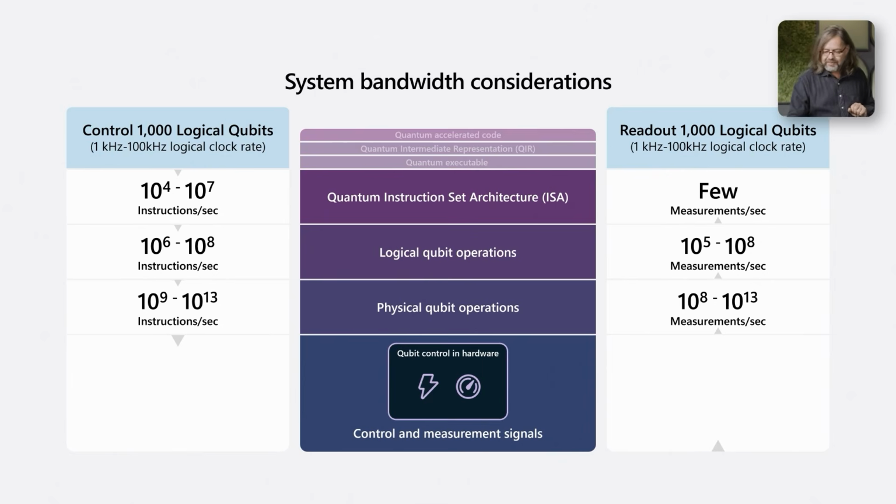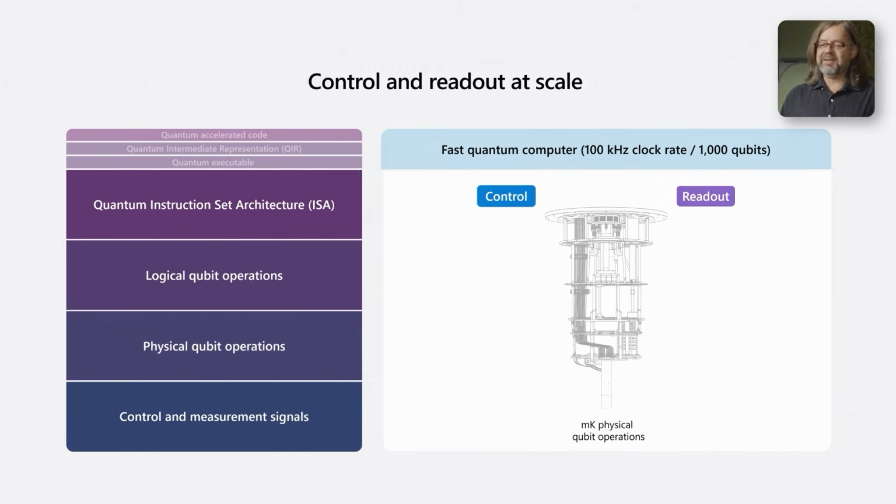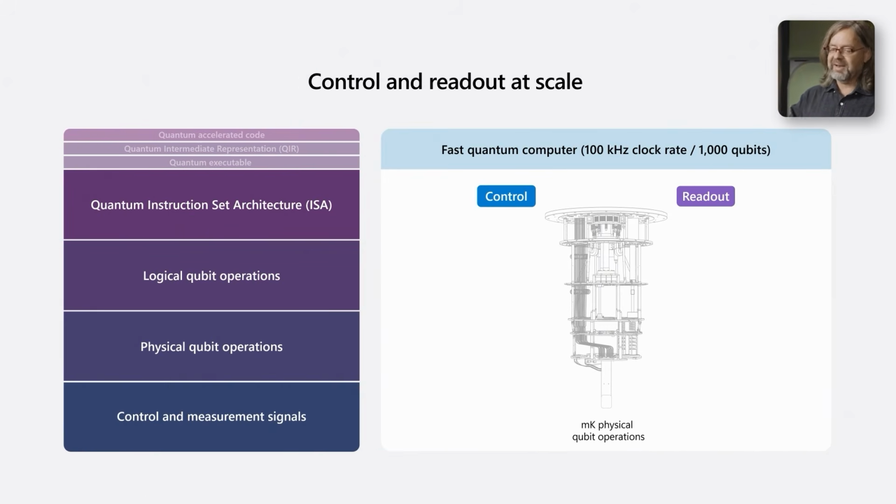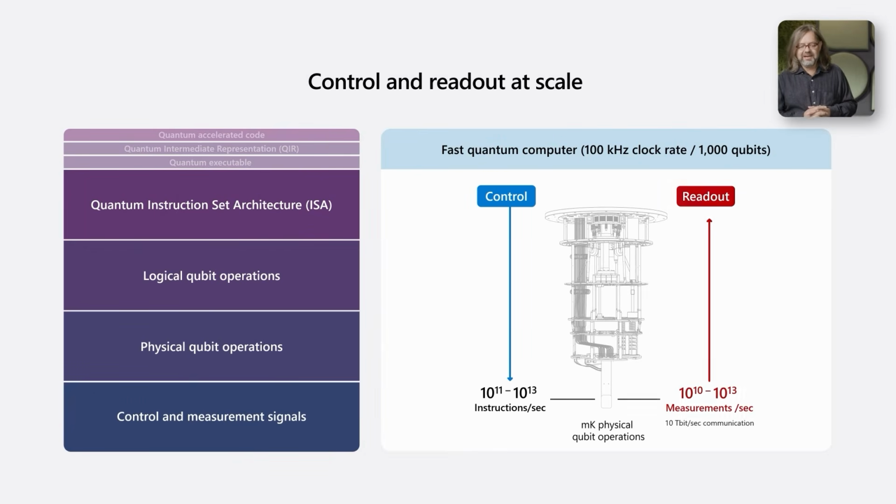So let us now take a step further. Many qubit types require cooling to millikelvin temperatures. So let us think a bit about that challenge. For a fast machine, I have to issue somewhere between 10^11 and 10^13 instructions per second, and have to do, depending on the type of qubit and the quantum error correcting code, between 10^10 and 10^13 measurements a second.